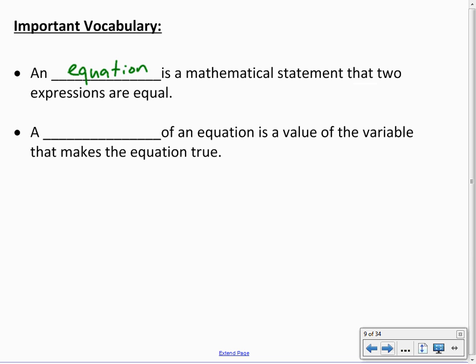A solution of an equation is a value of the variable that makes the equation true. So we're trying to find what number I need to plug in for my variable to make it so that the left side of my equation is equal to the right side of my equation.